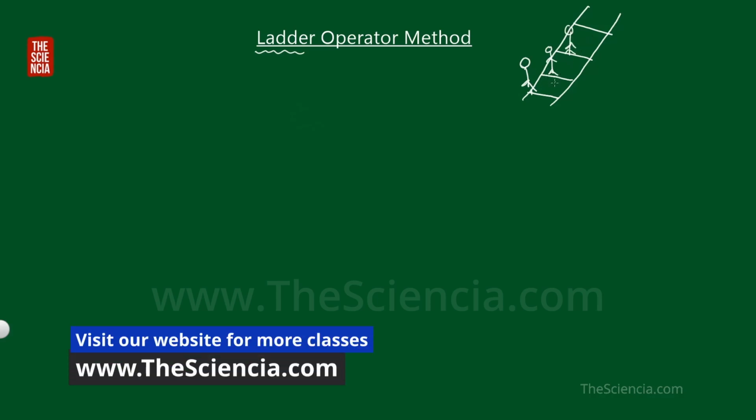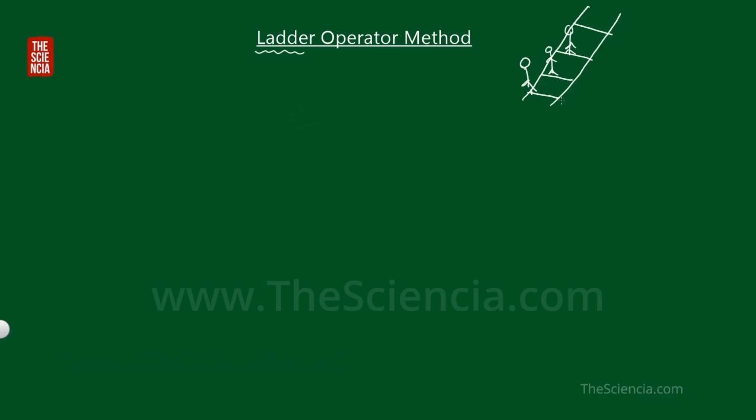You are unable to stand in between these two steps. If you want to go higher, you have to jump to the next step. There is no way to stand in between these two steps. That is, this is not continuous, this is discrete.